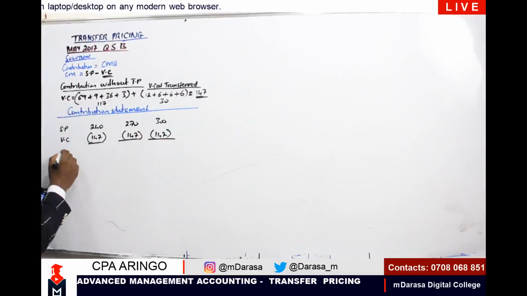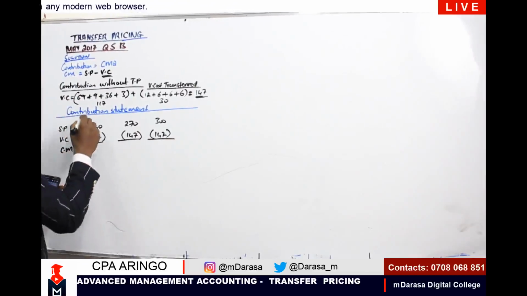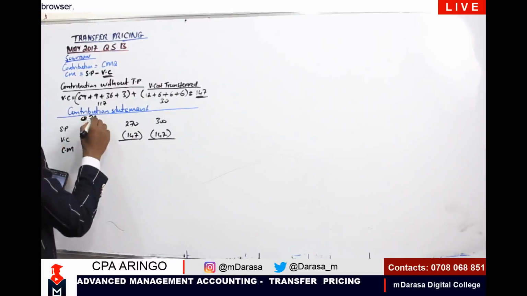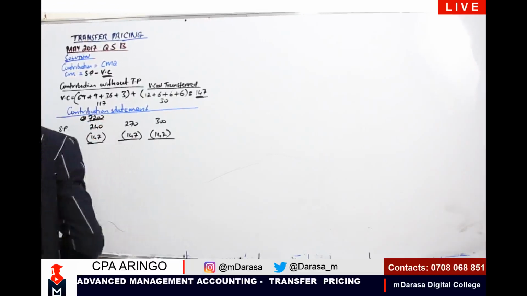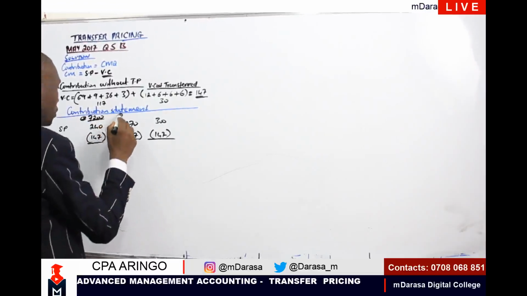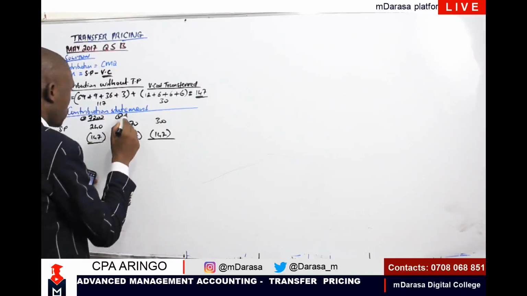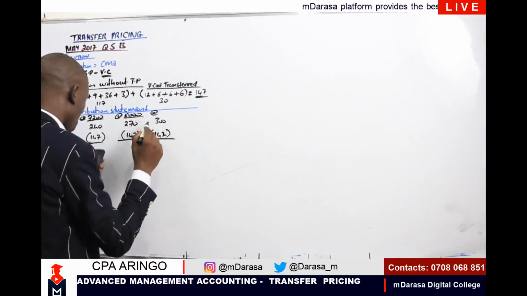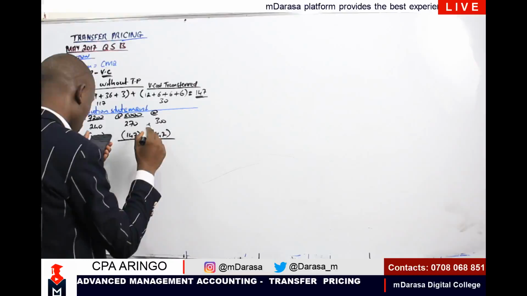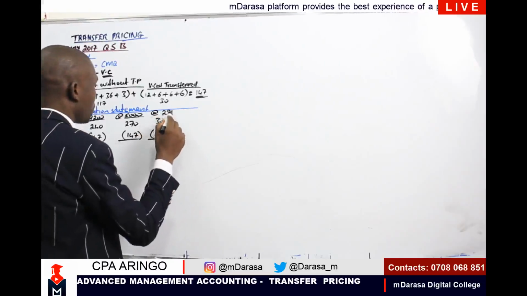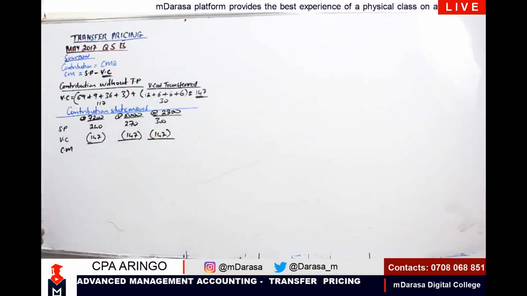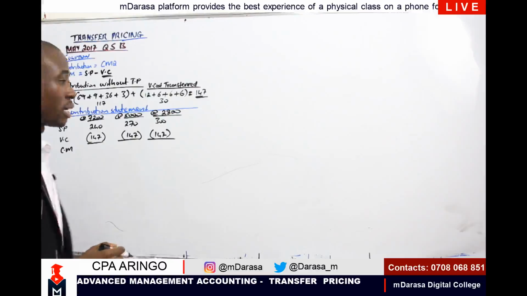My contribution margin at demand level of 7,200, at demand level of 5,000, at demand level of 2,800. These were our demand levels, right? So my contribution margin, what will you be having?